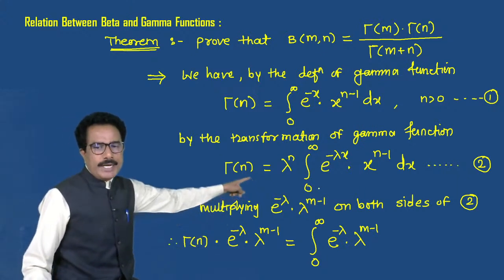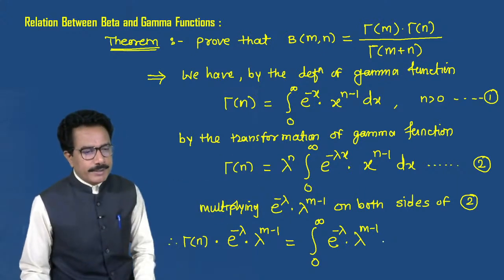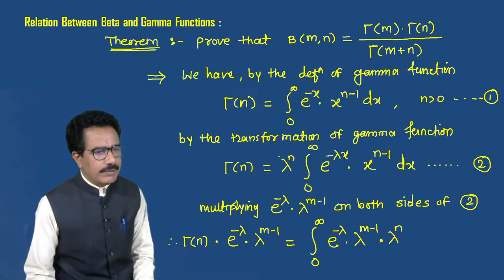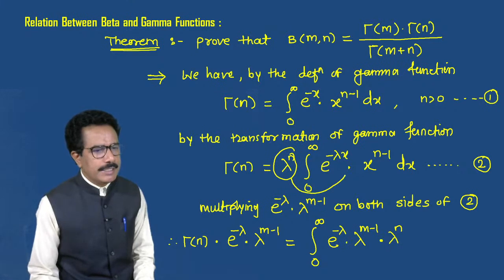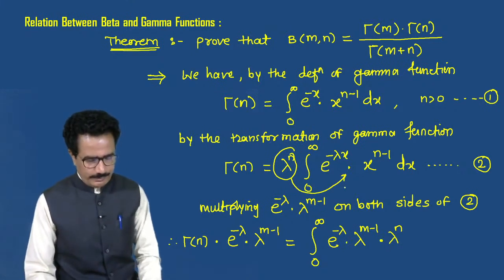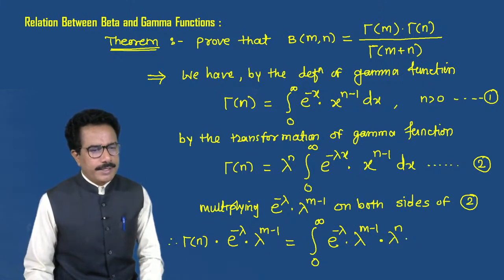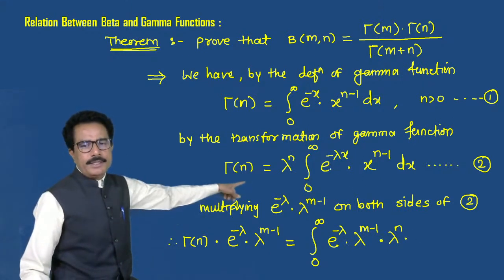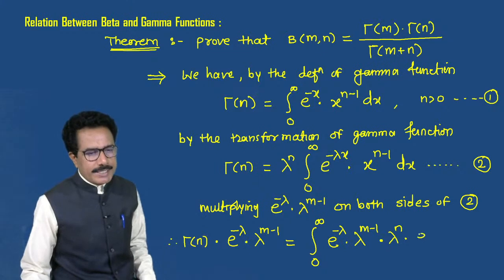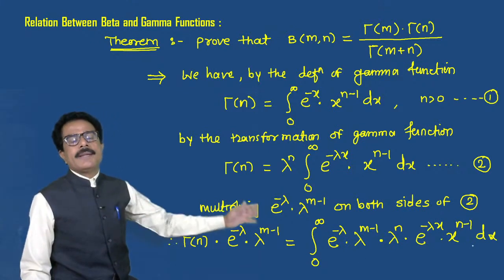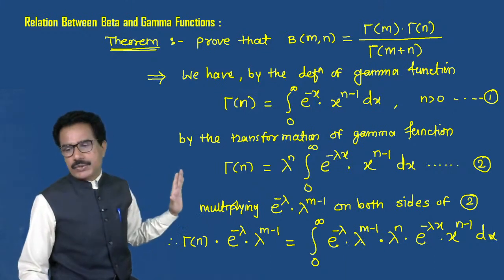And also you can take lambda raised to n in the integration. Into, again in the integration there is e raised to minus lambda x into x raised to n minus 1 dx. So all remaining terms are as it is, there is no problem.